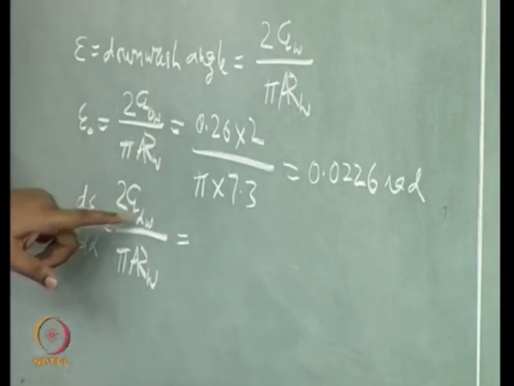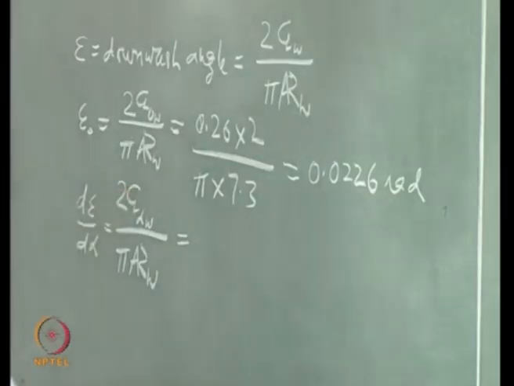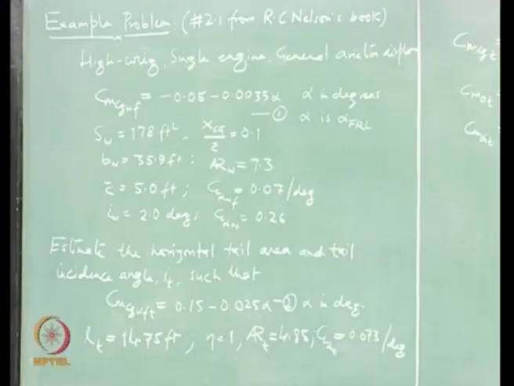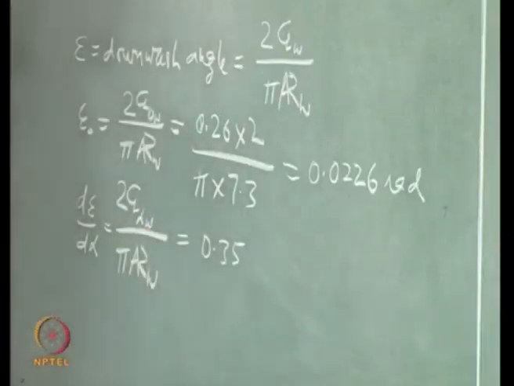Now this is very close to this quantity what is given for the wing fuselage combination, and using that you can find out what d epsilon over d alpha is, and I am just writing it down here. You can find that is correct. Yeah, that you have to do anyway.